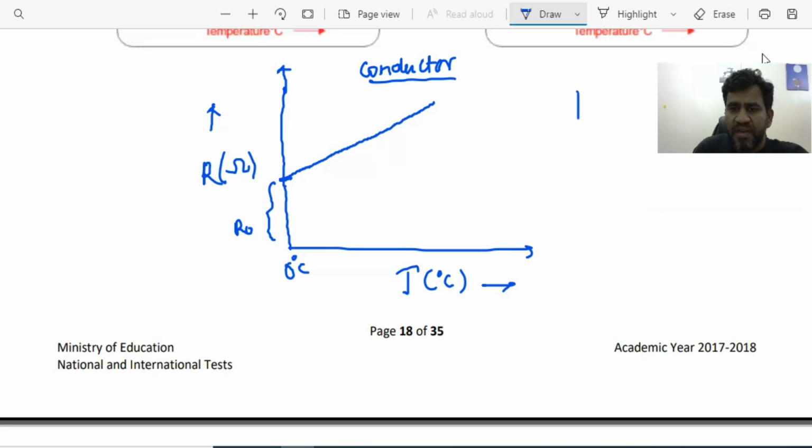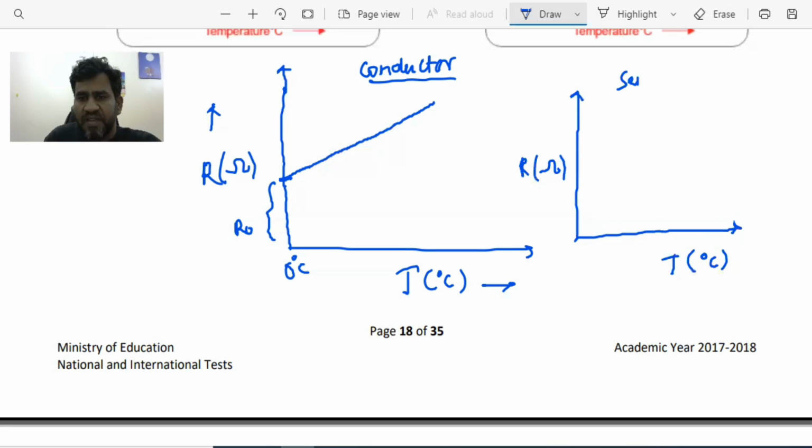If I'm representing a similar graph, with the temperature in degree Celsius and the resistance in ohm, let's talk about the semiconductors, or I can also say insulators. For both, as the temperature increases, the resistivity or the resistance of the semiconductor and insulator decreases. This will be the curve as the temperature increases. This curve should go in this way.